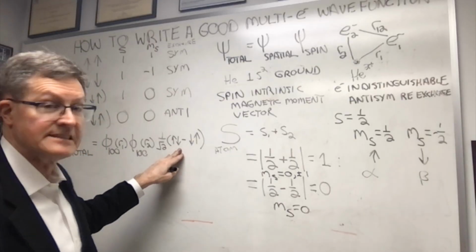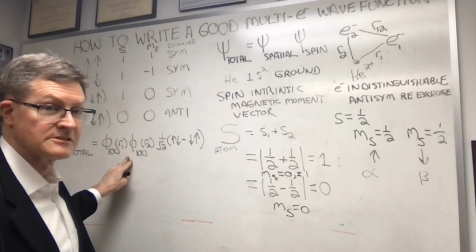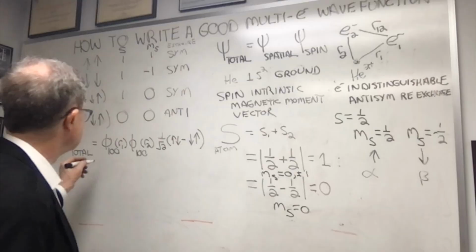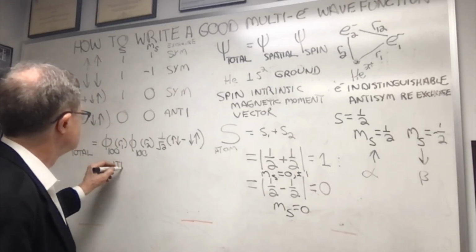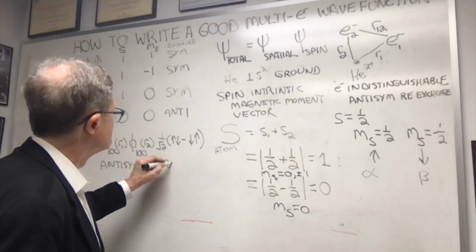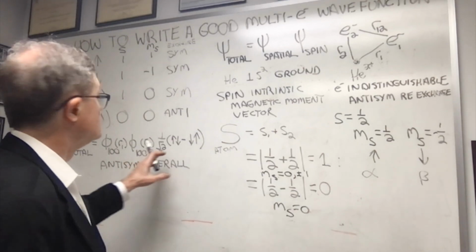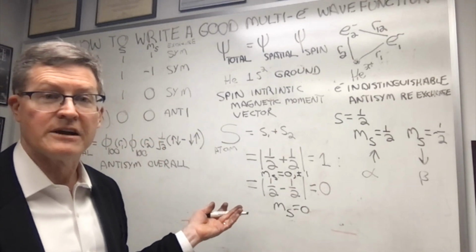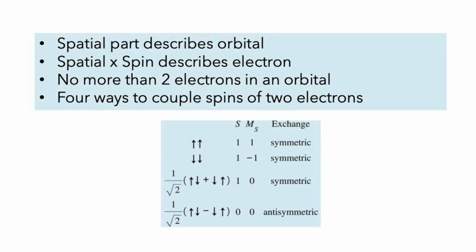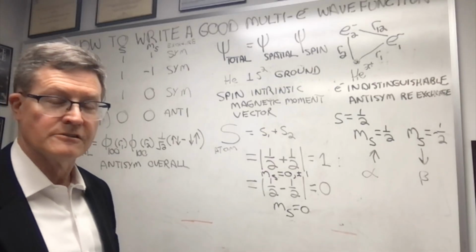And now we have an antisymmetric spin part multiplied by a symmetric spatial part, which gives us a total wave function that's antisymmetric. That's always what we need to do. There's one and only one way we can write the ground state to get this overall antisymmetric wave function. Now let's take a look at the excited state.